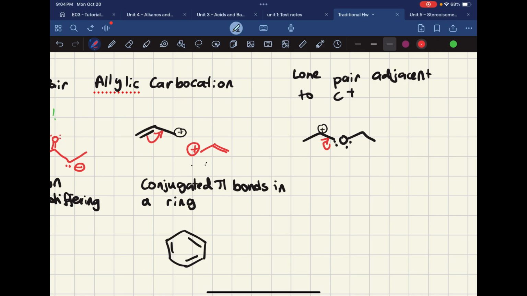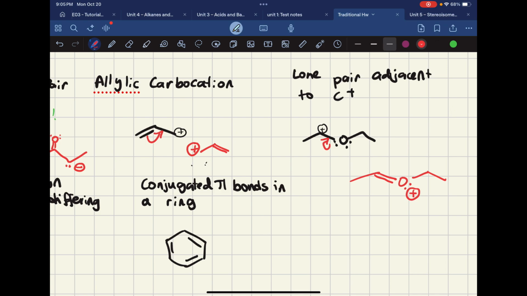Now, what has happened here is we're not using two arrows, right? We have created this resonance structure only with one arrow, and that's because we're simply fulfilling the octet. What's happening here is now we have a positive charge on this oxygen instead of the carbon.